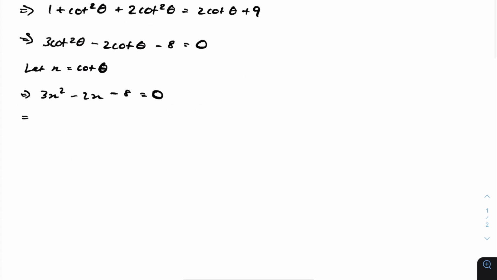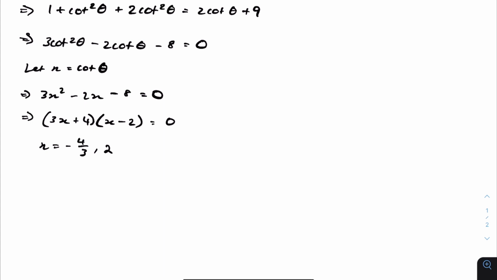Okay, so now let's factor this out. So x is equal to negative 4 over 3, and it's equal to 2.